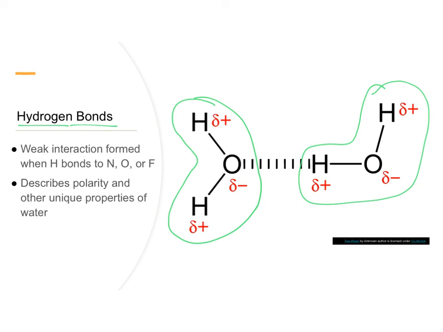So these water molecules are going to adjust so this partial positive can be near this partial negative. And it's going to form this force or this bond here holding this water molecule next to this water molecule. And so it's this attraction right here, shown by the dotted line, that is the hydrogen bond. And we can just write H bond for hydrogen bond.